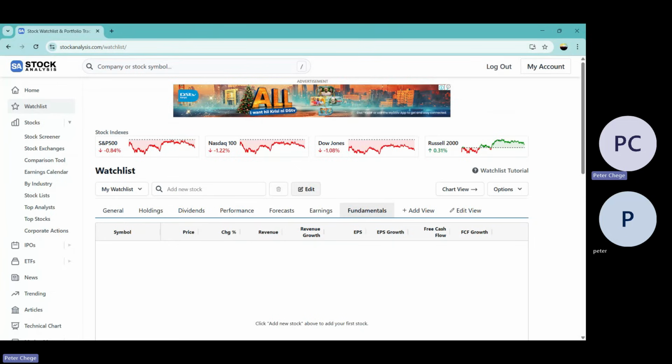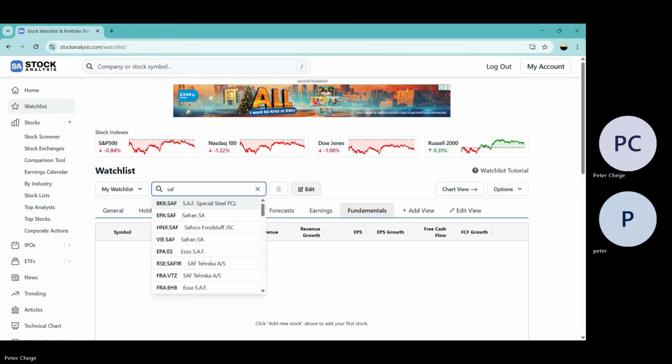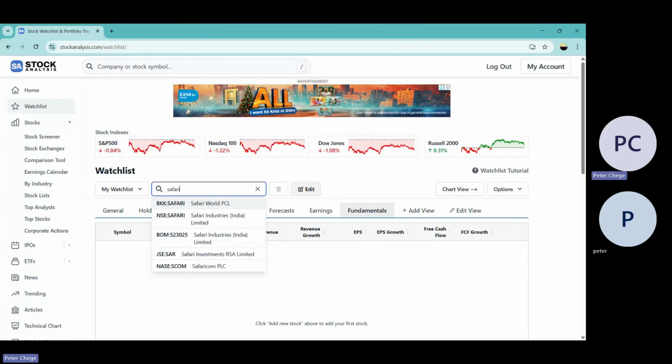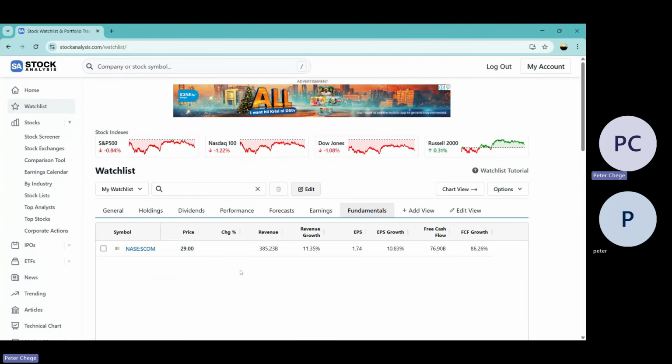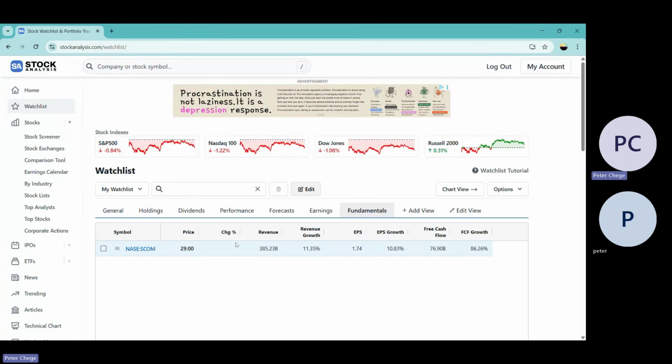I may want to, let's say I have Safaricom shares. I can just come and type Safaricom. It will give me the share. It's here. You just select it, it is added. So here I'm able to track the prices and financials.